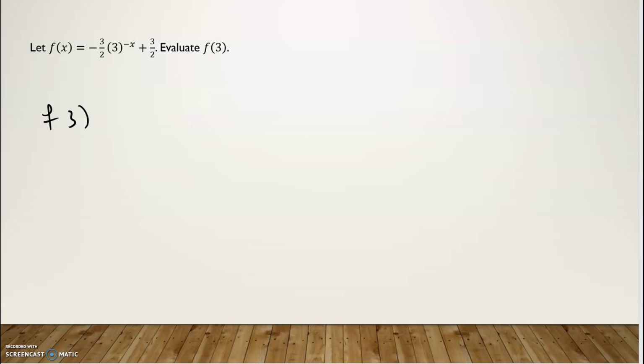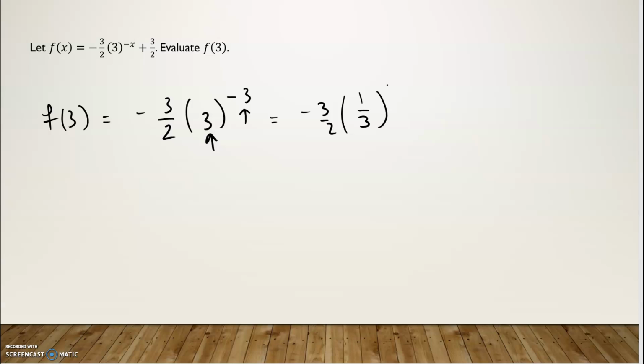Now let's look at this one right here. f of 3, so negative 3 over 2, 3 raised to negative 3. Now when I have an exponent that has a negative, that means you need to flip what is inside the parentheses here. So that will change it from a negative to a positive. So 1/3, and now this is a positive 3.